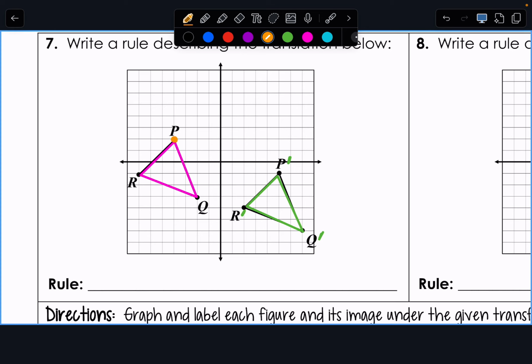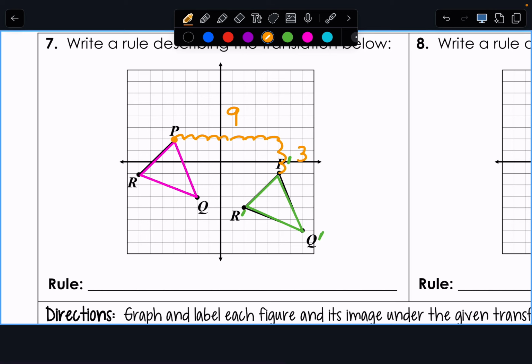Okay? So, how do we get, I'm just going to pick P. How far to the right do we have to go? I did not do a very good job. 1, 2, 3, 4, 5, 6, 7, 8. Is it 9? We had to count 9 over. And then how many down? 3.